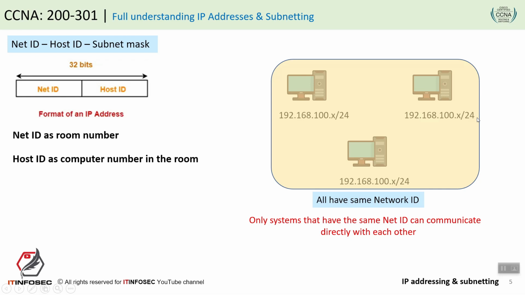Only systems that have the same net ID can communicate directly with each other without needing any additional networking devices such as routers, just a switch. You don't need any device to communicate between computers that have the same net ID.